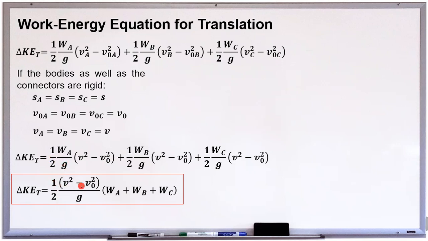So we have here 1/2 times the difference of the squares of the initial and final velocity, all over the acceleration due to gravity g, multiplied by the sum of the individual weights of blocks A, B, and C.